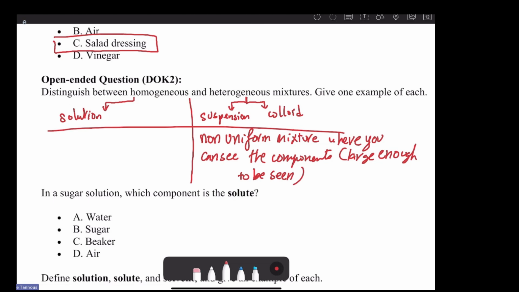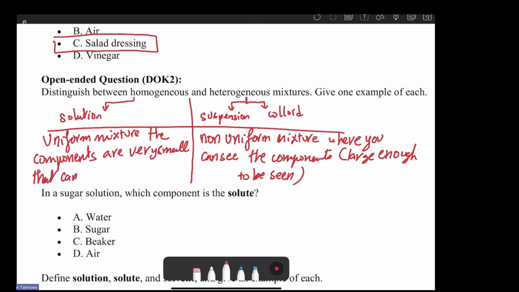Whereas a homogeneous mixture is a uniform mixture, and you cannot see the components. The components are very small, that can't be seen without a microscope.